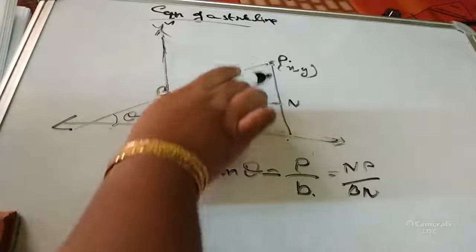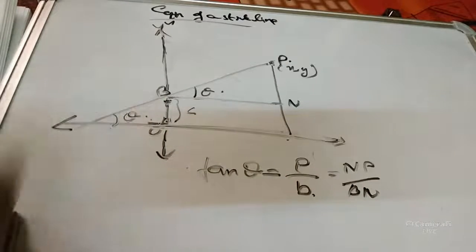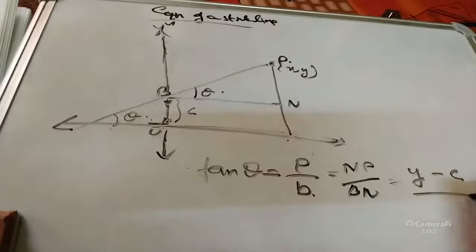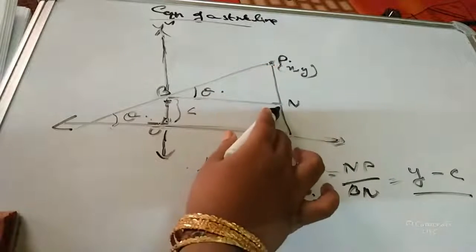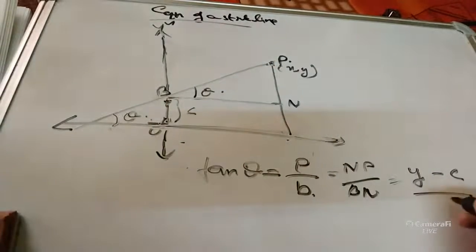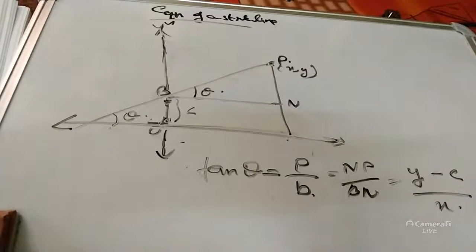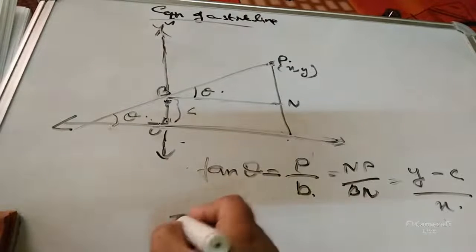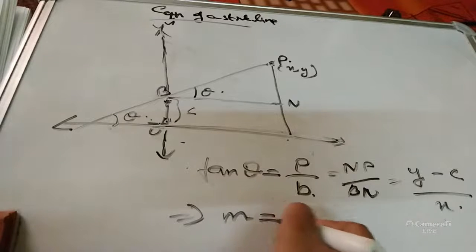So NP we can write as, if this total distance is y and this distance is c, y minus c, and BN is what? As the coordinate of this point is x, it is covering a distance of x on the x-axis. So BN will be equal to x. Now tan theta is equal to y minus c divided by x. Tan theta is also known as the slope of the line, so tan theta is equal to m.